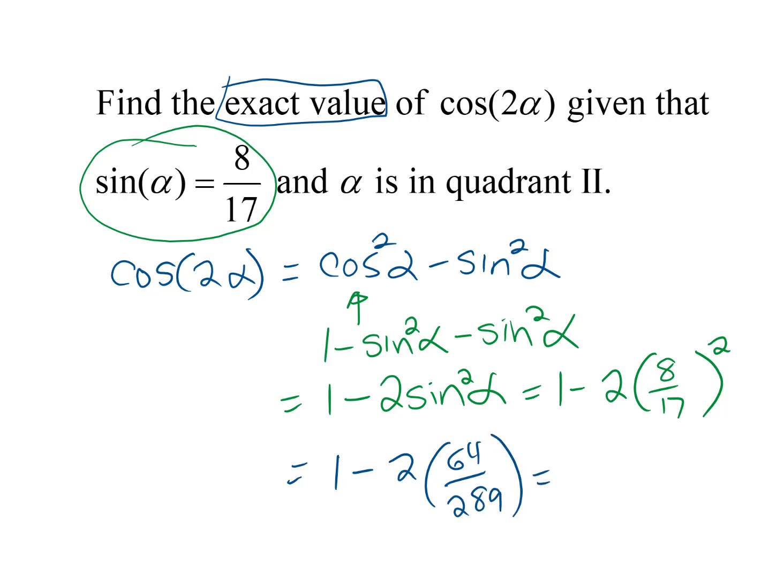And so that is 128 289ths. And so if we made 1 into 289ths, 289ths over 289ths minus 128 over 289ths is 161 over 289ths.